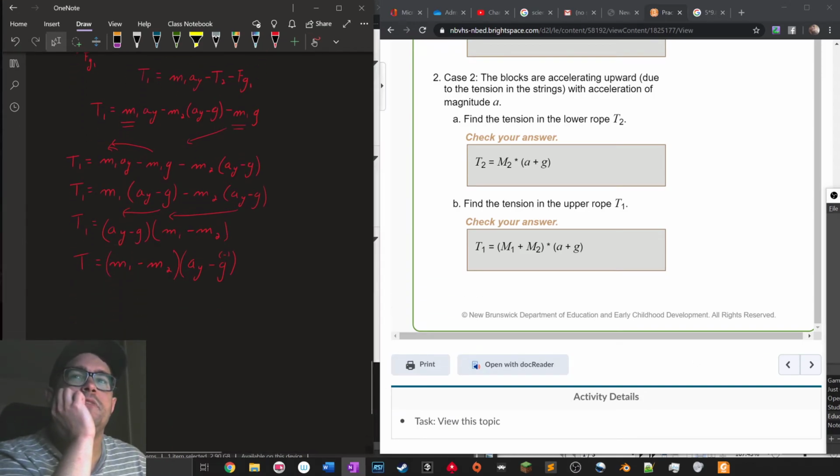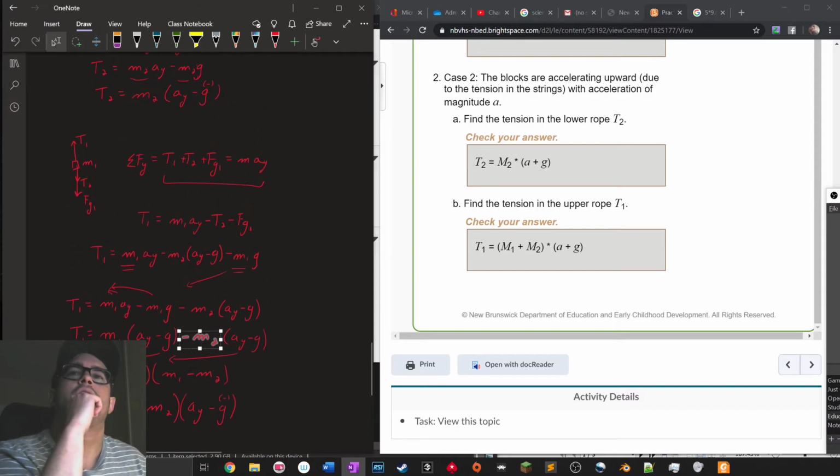Oh, the minus here with the M2 comes from this, which comes from this, right? Still a minus, which comes from this. And this comes from here.